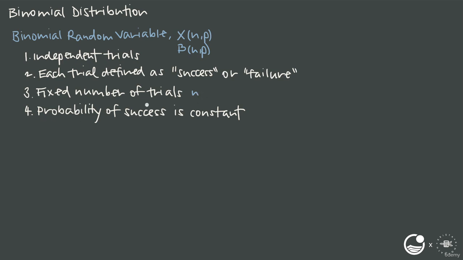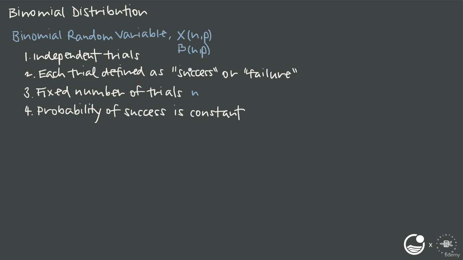And then the probability of that success that we defined earlier has to be constant. So with the coin flip, for every trial, for every time we flip the coin, the probability of success is always 1/2 or 50% or 0.5. And that stays constant because each coin flip is independent. The probability of success can't change from trial to trial.